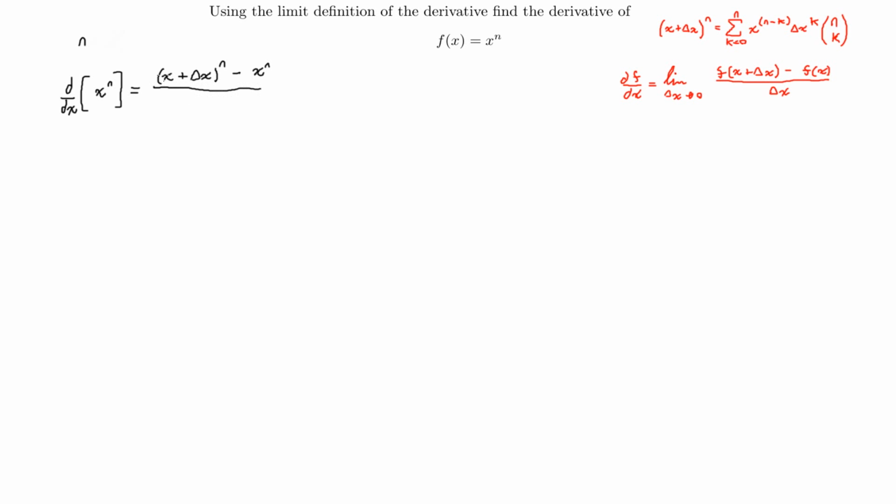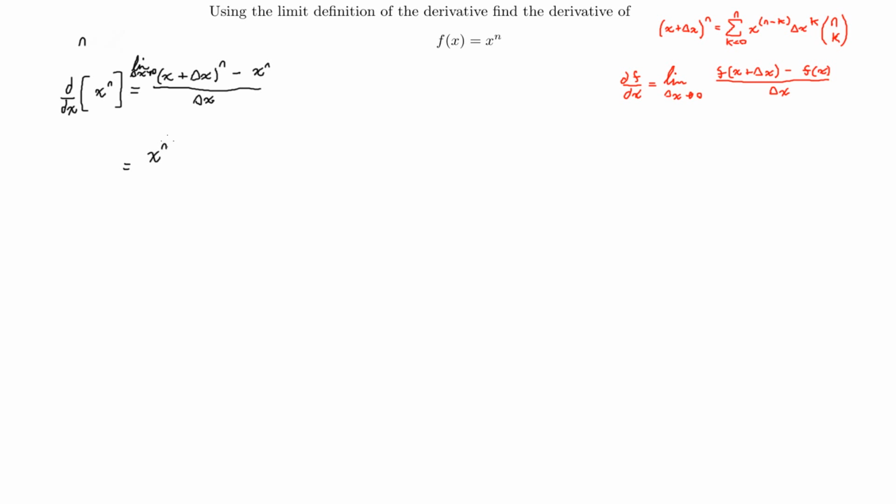Then I have a limit here, as delta x approaches 0, and then we're going to have delta x. Basically, we're going to write out the first few terms. My first term is going to be x to the n.